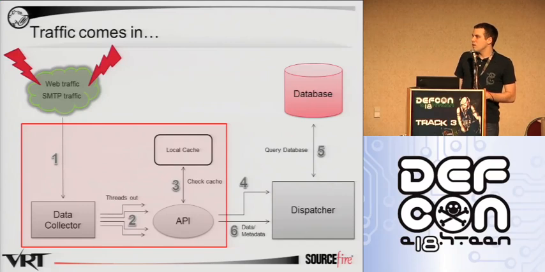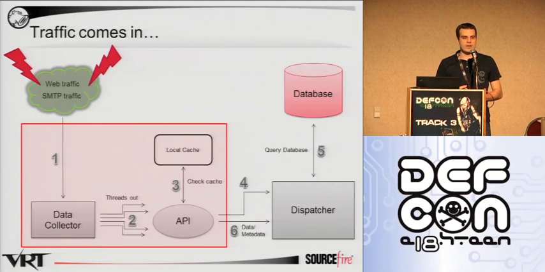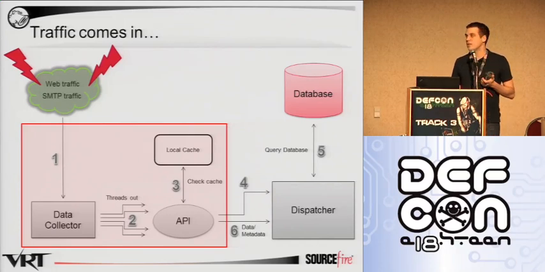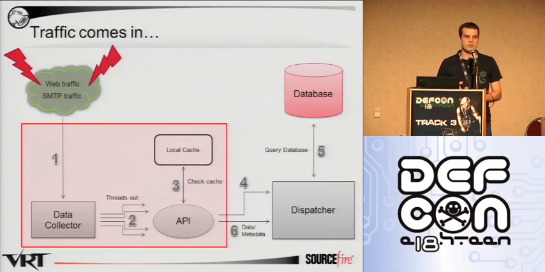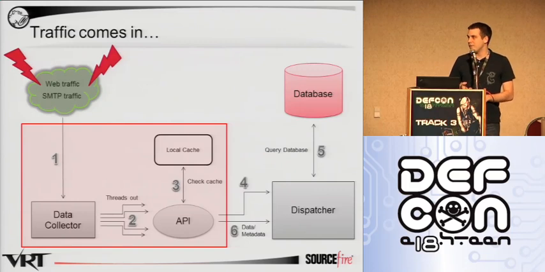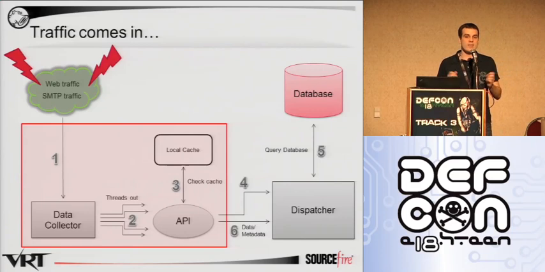So the API will then check it against a local cache of signatures. We have actually two types of caches. We have a cache for signatures, such as MD5 and file size together. We're using MD5 currently, but you can theoretically use any kind of signature that you want. We've also got a local cache of URLs. But if it finds that it hasn't seen that previously, then it will do a remote cache query through the dispatcher, which will then talk to the database and see if the system as a whole or any nugget anywhere on the system has seen it.